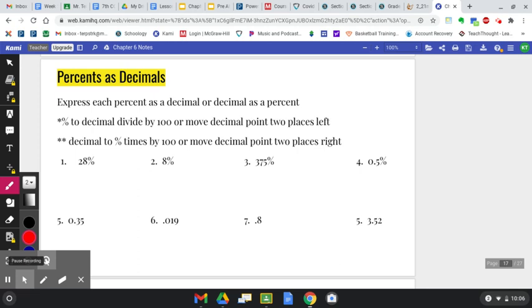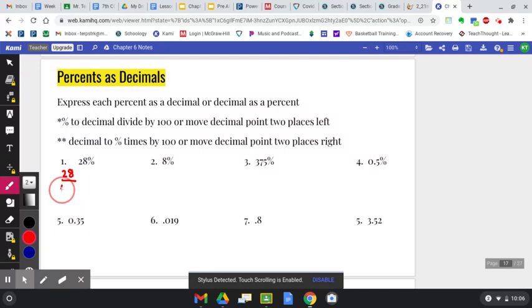Now we're going to look at percents as decimals and decimals as percents. To turn a percent into a decimal, we're going to divide by 100, which we just did as a fraction. For example, we were turning this into a fraction. We said it was 28 over 100, and then I simplified as necessary.